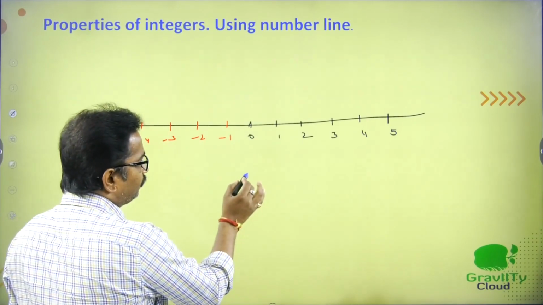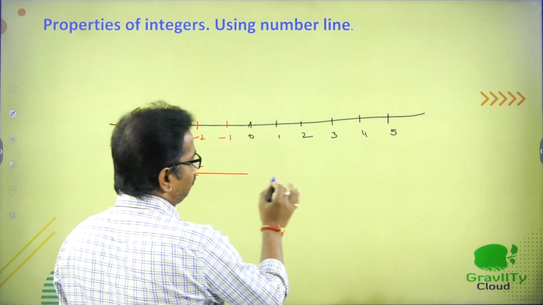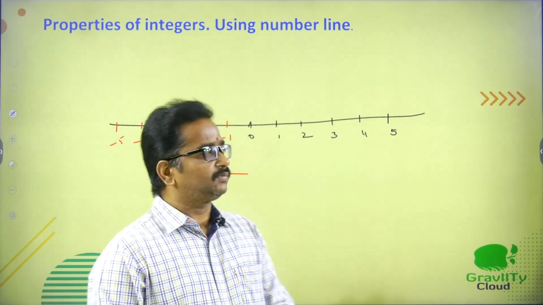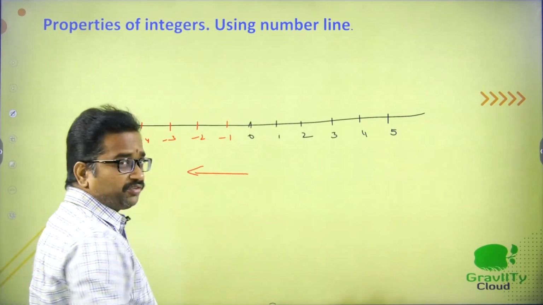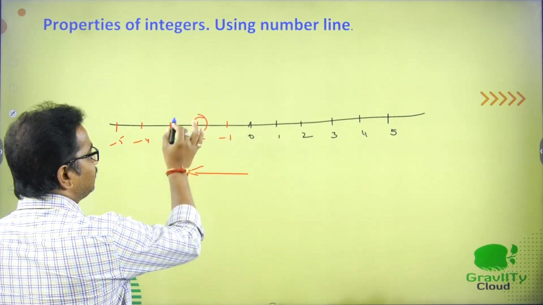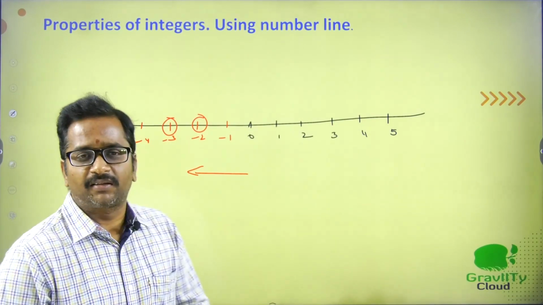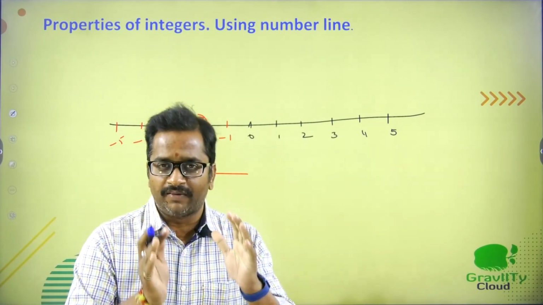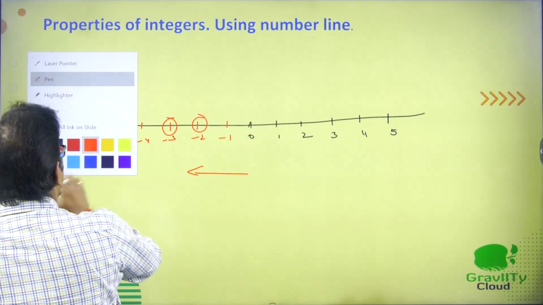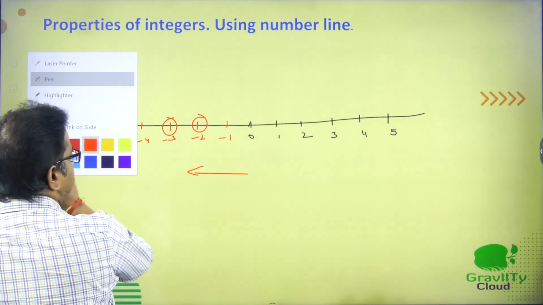From 0, if you go to the left side, suppose you take any number, and you want to compare negative numbers. So this is minus 2 and this is minus 3, which is the bigger number? Always keep in your mind the number which is on the left side of that.